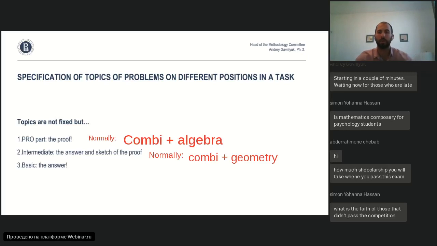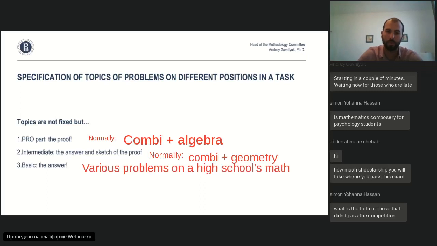And here we have various problems like equations, inequalities, all the stuff which could be formulated or invented about the usual program of mathematics in a high school. Like this.